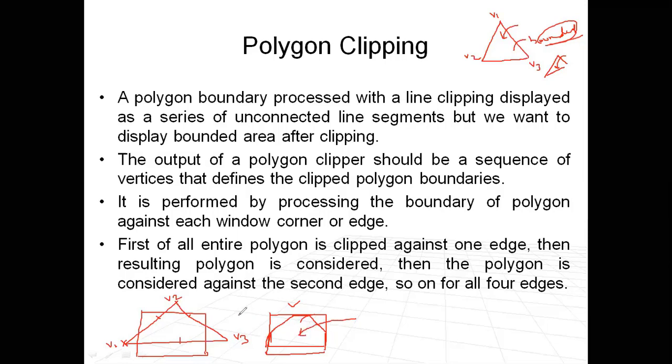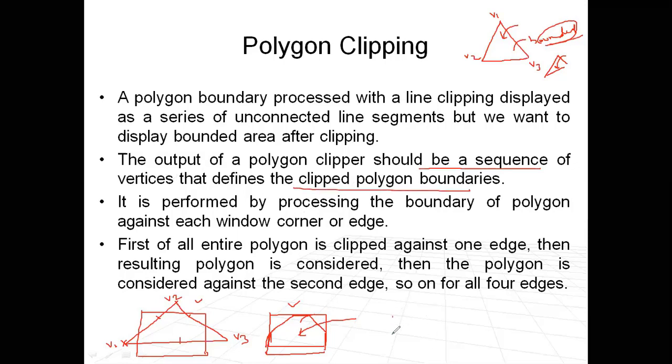So our purpose with the help of a line clipping algorithm is now solved with closed objects. So the output of a polygon clipper should be, when we get the resultant of the polygon, a sequence of vertices that defines the clipped polygon boundary.